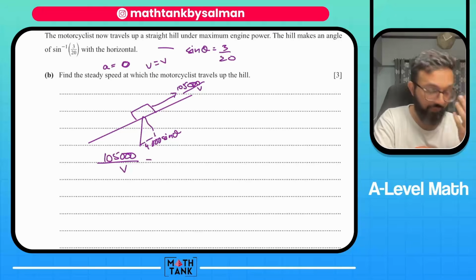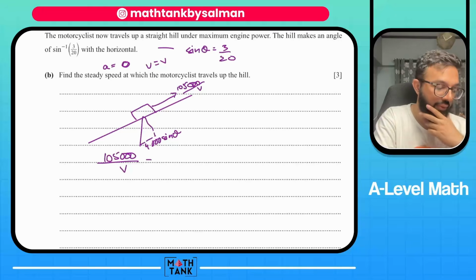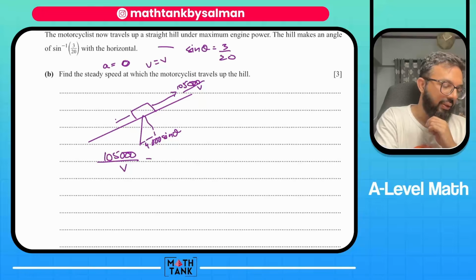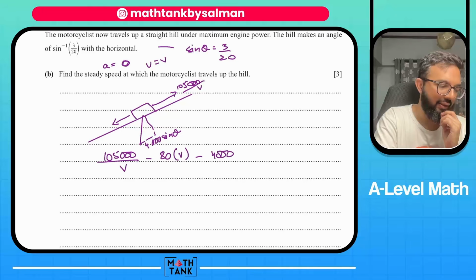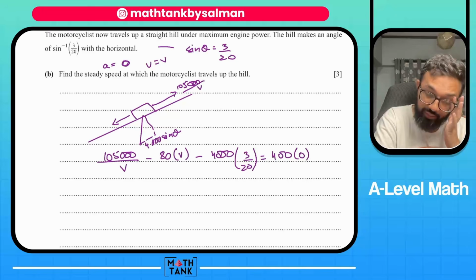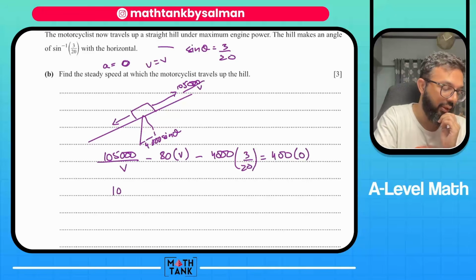Power equals to FV basically. So 105,000 over V. What is the resistance? The resistance is CV, so 80 times V again, minus 4,000 sine theta. Sine theta is 3 over 20, equals to MA. So 400 into 0. Why? Because steady speed means acceleration is 0. So 105,000 over V minus 80V.